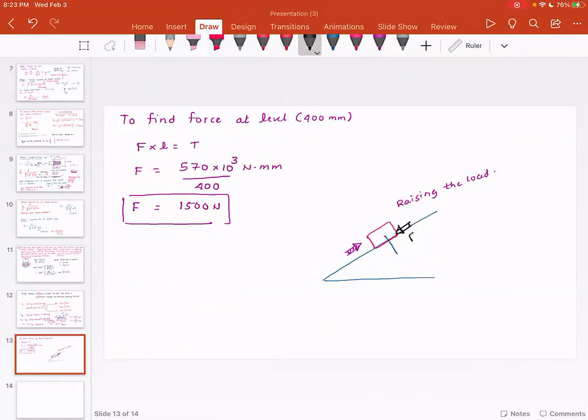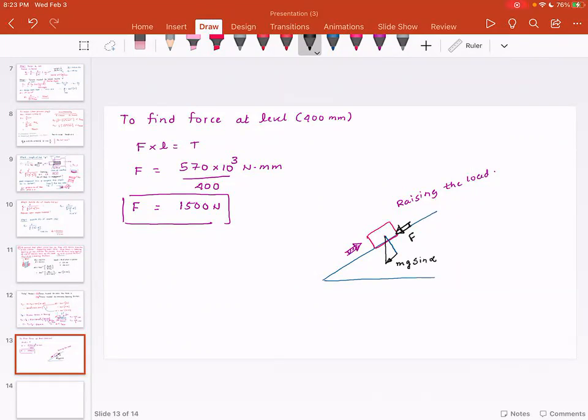And then you have the component of weight, which is mg sine of alpha.